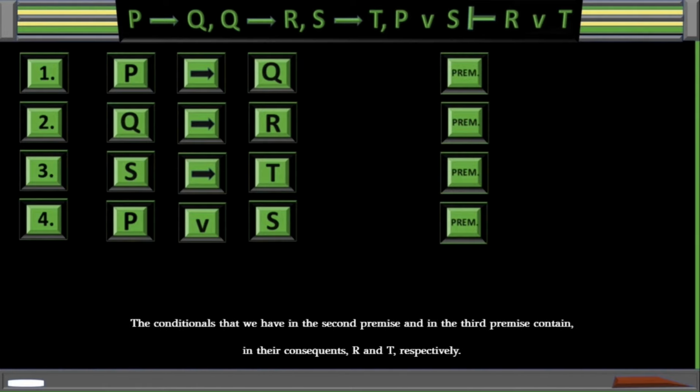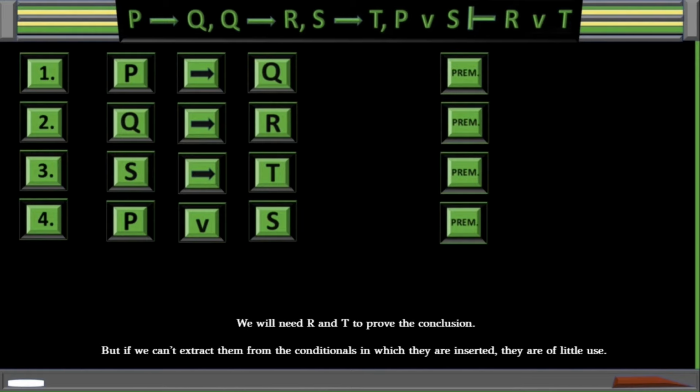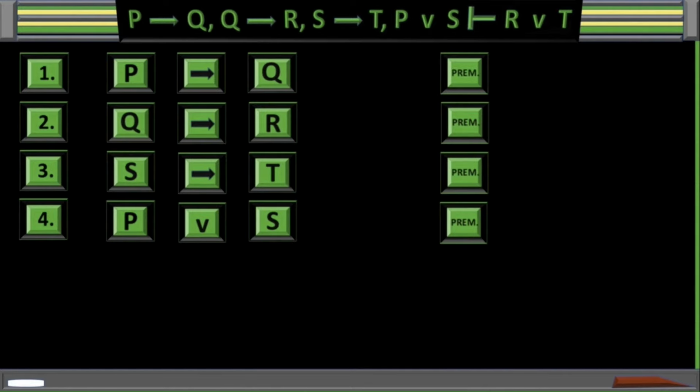The conditionals that we have in the second premise and in the third premise contain in their consequent R and T, respectively. We will need R and T to prove the conclusion, but if we can't extract them from the conditionals in which they are inserted, they are of little use.